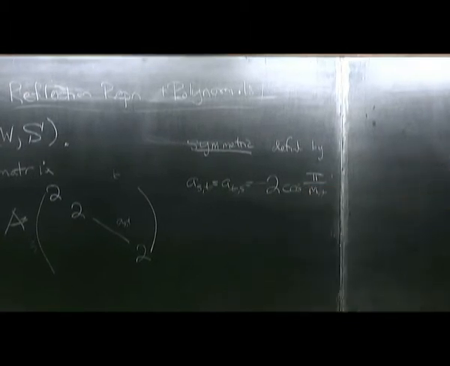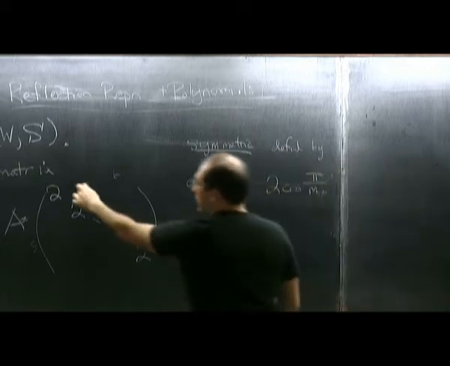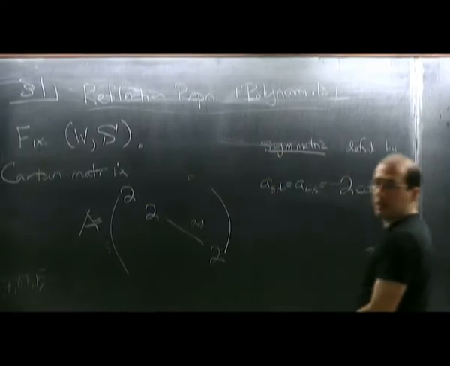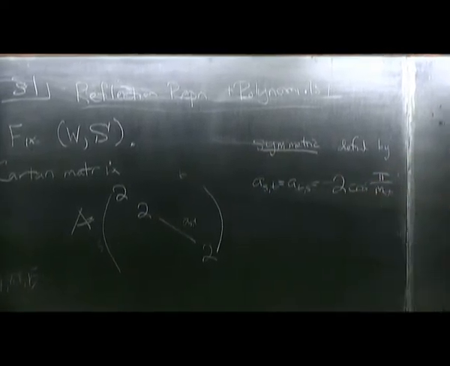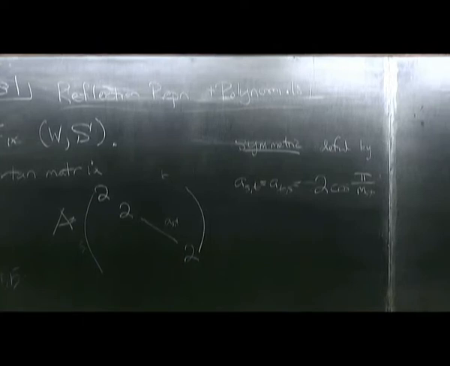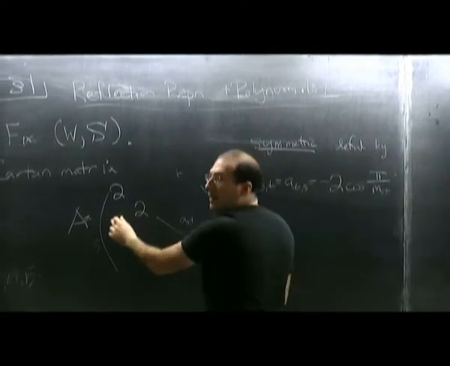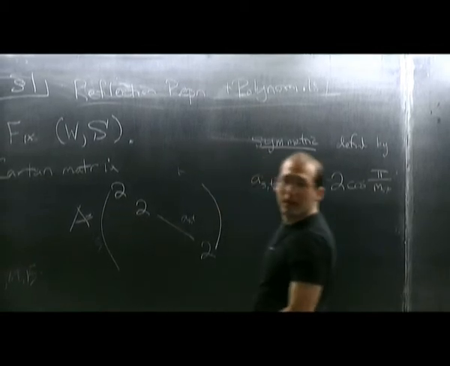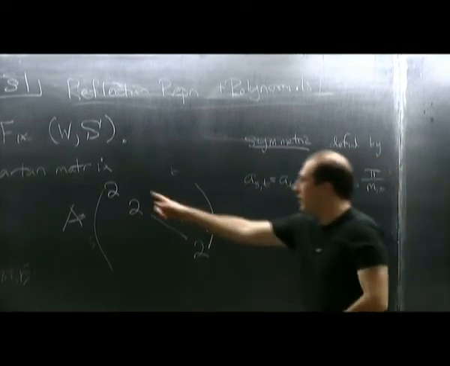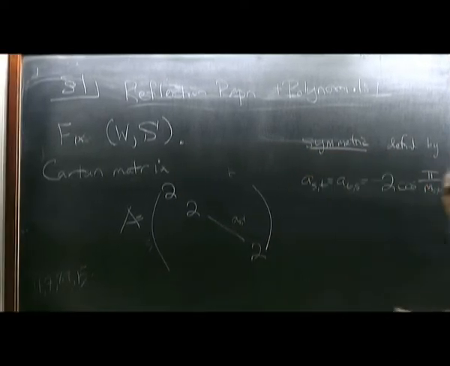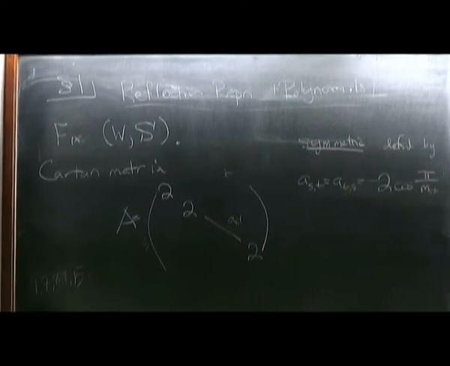So for instance, in type A, that would be putting minus 1's on the off diagonals and 0's everywhere else, because minus 1 is minus 2 cos pi over 3. And in type B, you'd put square root of 2 somewhere. As opposed to having a minus 2 and a minus 1, the symmetric version is minus square root of 2 and minus square root of 2. Regardless, here it is.